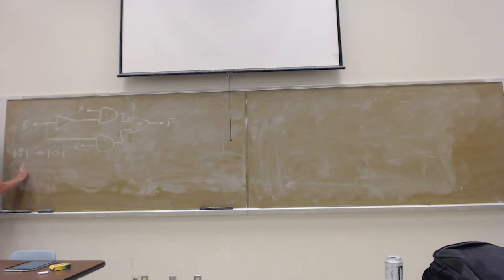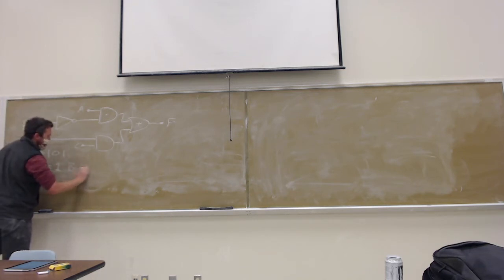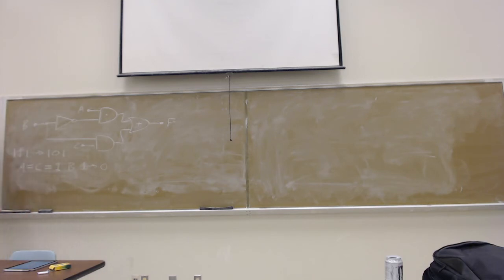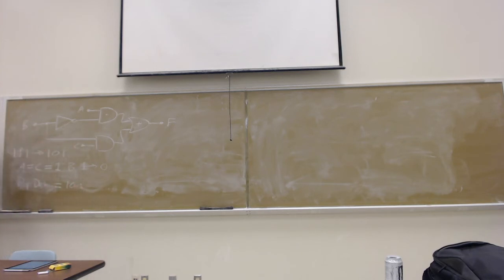So what that means is we're going to start our timing diagram with A and C equal to 1, and we're going to take B from 1 to 0. And the last thing to note is that the propagation delay for all gates, let's make it 10 nanoseconds.